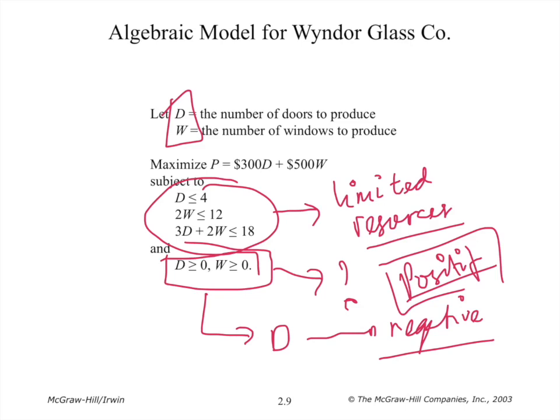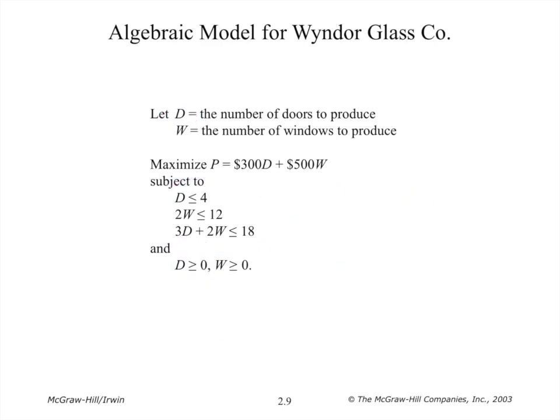So we state this equation: doors must be greater than or equal to 0, and windows must be greater than or equal to 0. And then from these equations we will plot them in the graph.